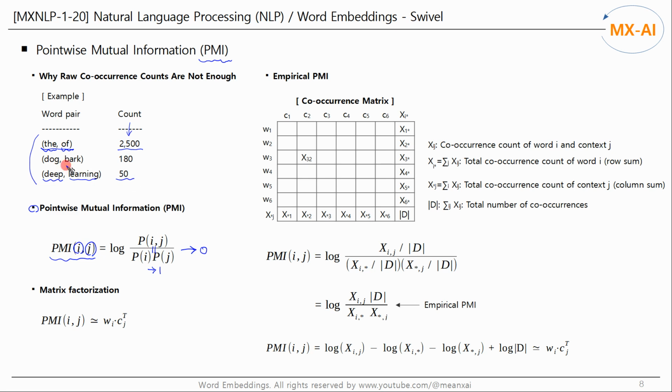In this example, the words "deep" and "learning" are likely to be semantically related because they co-occur much more often than would be expected by chance. As a result, they are likely to have a high positive PMI. In contrast, the words "the" and "of" have a very high raw co-occurrence count, but they would be expected to have a much lower PMI than the raw count alone would suggest.